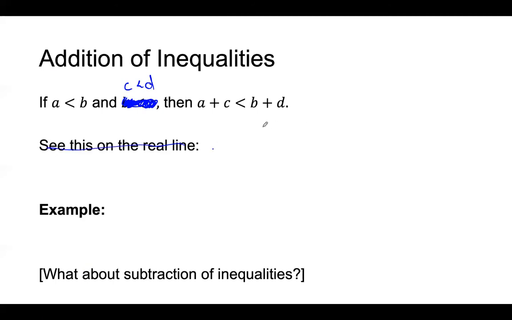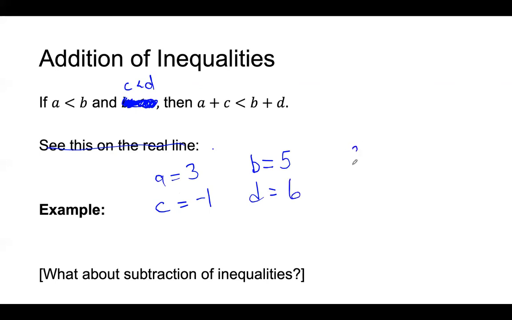You can try that yourself, but let's say we have A is equal to 3 and C is equal to -1. And we have B is a number greater than 3, so 5. And D is a number greater than -1, so 6, let's say.